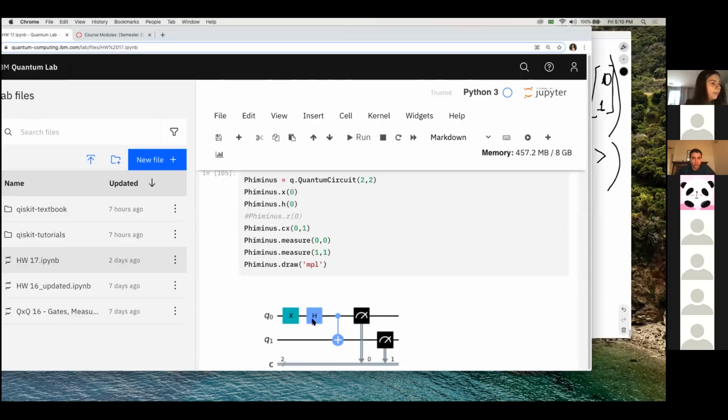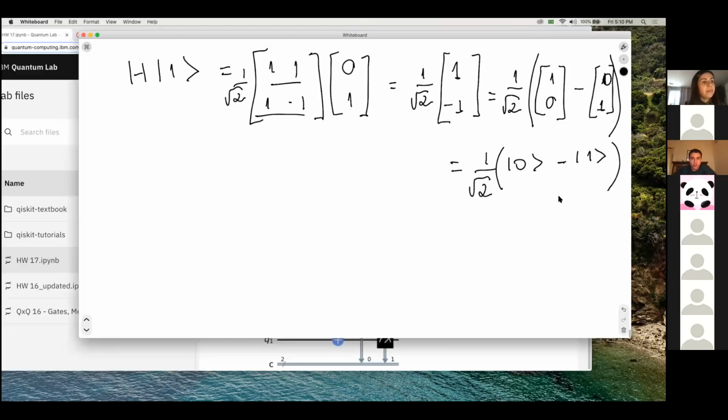When I apply my Hadamard gate to my vector 1, because that's how I generate a vector 1, I introduce a minus sign here in such a way that when I entangle the states with the CNOT gate, I will have a minus sign. After applying the CNOT, okay, this is the final state we're gonna have.